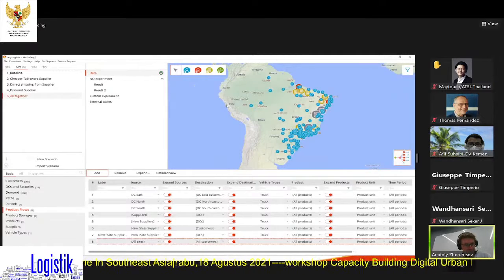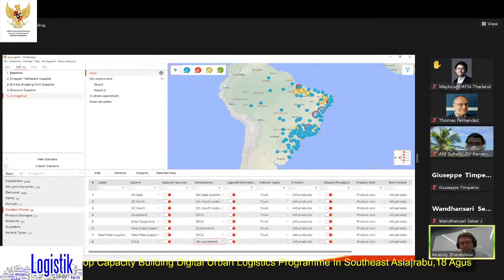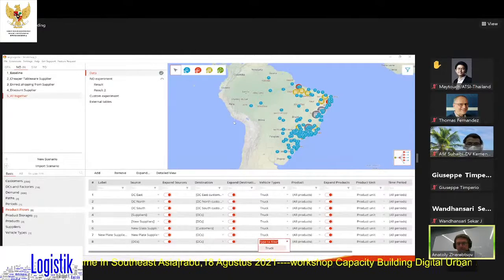So probably here we will have not all the customers. Then it makes sense to add the following line: distribution centers can ship to other distribution centers. And in that case, the optimizer will automatically find a path through a DC in case there is no direct shipment to a customer.